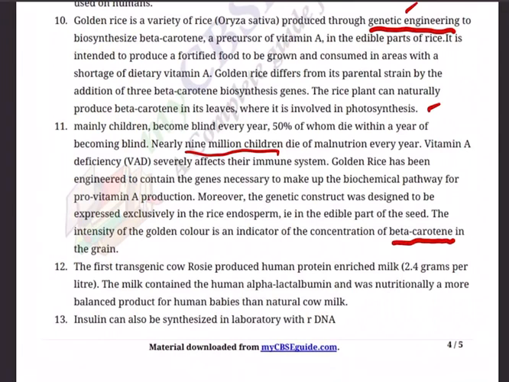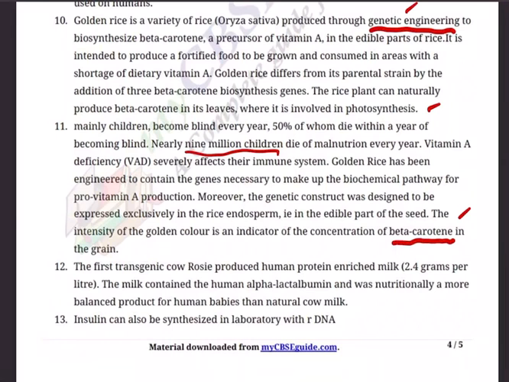So, golden rice has been engineered to contain the genes necessary to make up the biochemical pathway for pro-vitamin A production. Moreover, the genetic construct was designed to be expressed exclusively in the rice endosperm, that is, in the edible part of the seed. The intensity of the golden color is an indicator of the concentration of beta-carotene in the grain.